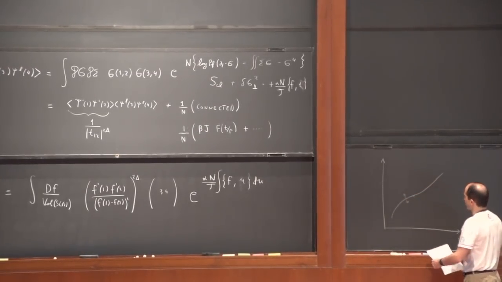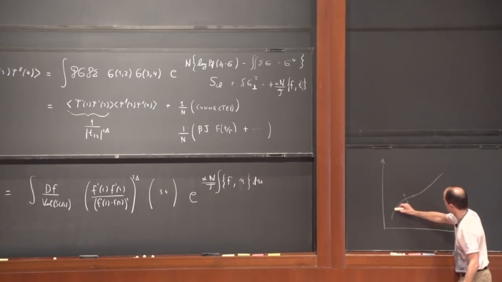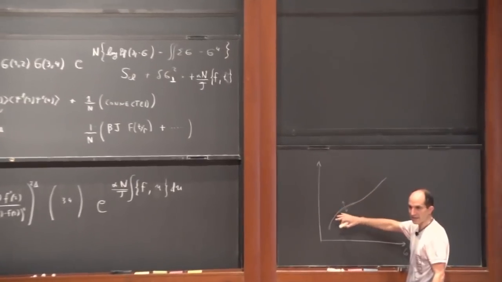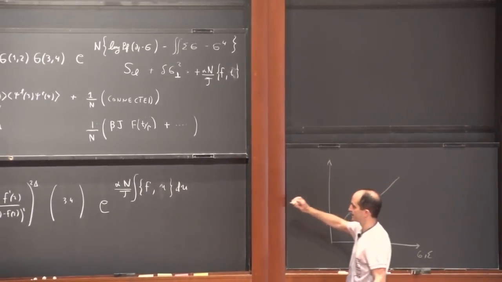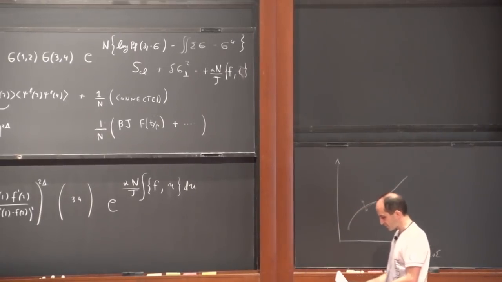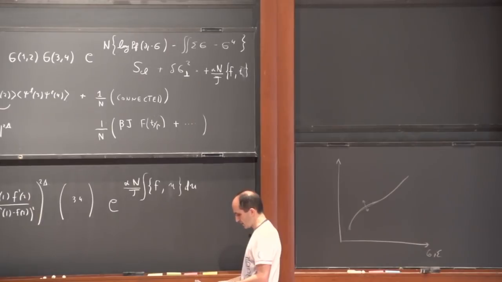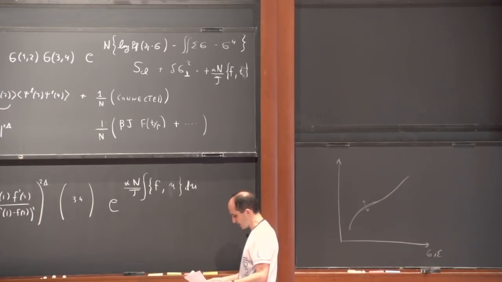So we could imagine that we first integrate out the perpendicular directions, and now we are doing an integral along the valley. And we have a shallow action along the valley, and this is the shallow action that we have. And in this way, one can compute it.